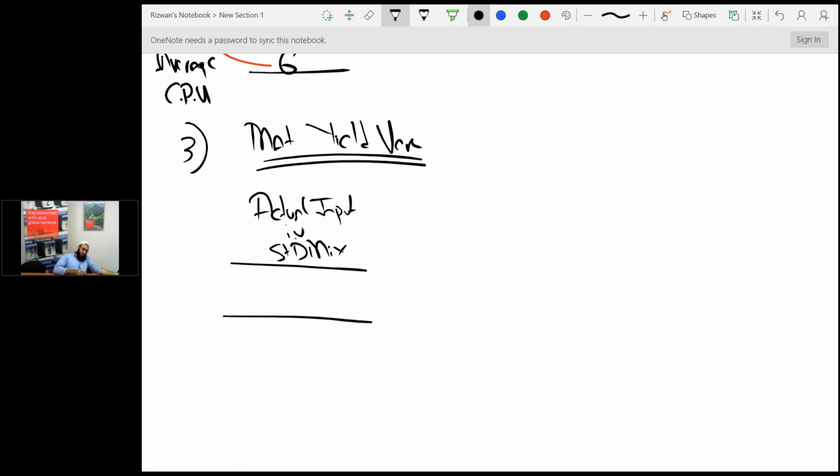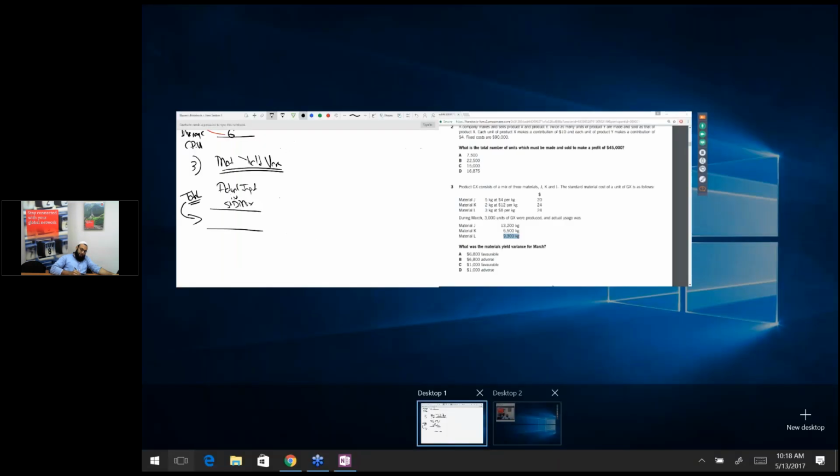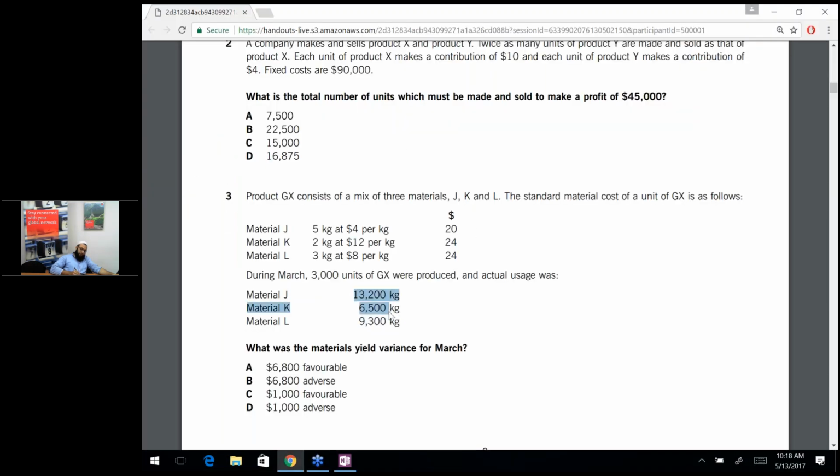So what I'm doing here, I'm writing the total. I'm working in terms of total. I'm not breaking that up into individual material types. If I add all 3 actual kgs, starting from 13,200 till 9,300, the total that I'm going to get is 29,000.